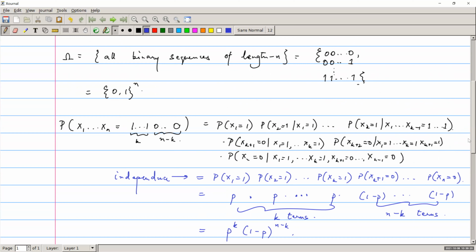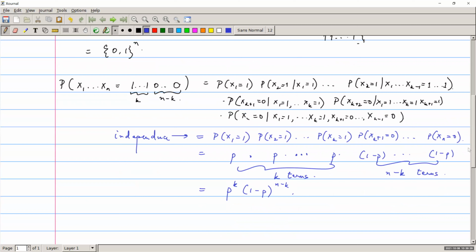I can't really see anyone, so I'm just going to assume something. So this will be the probability of sequences.